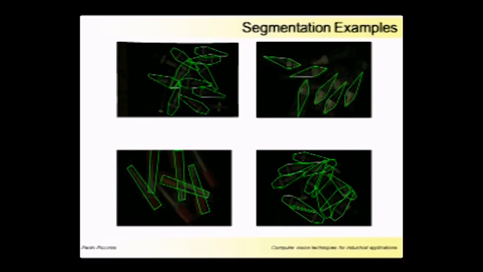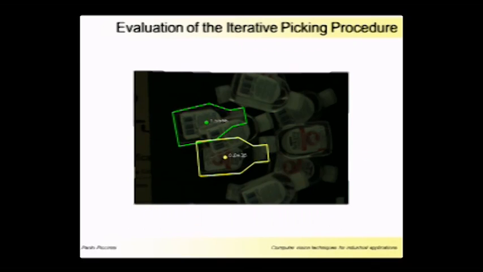This is another example of segmentation. Of course, these images are too dark to be understood. And this is another evaluation metric. One of the most important characteristics of the system is to always provide a catchable object to the robot.